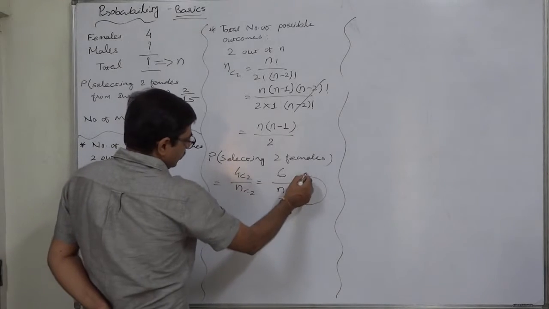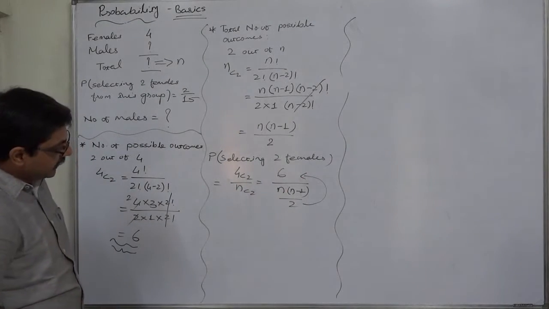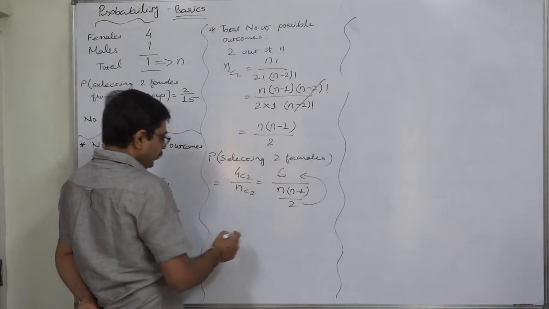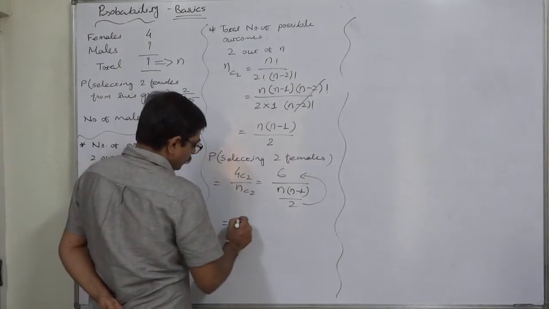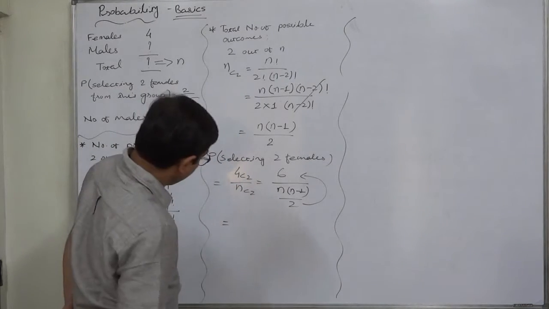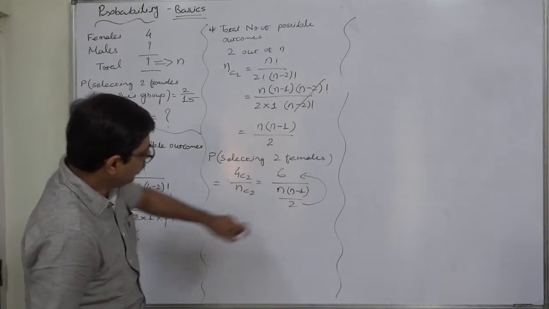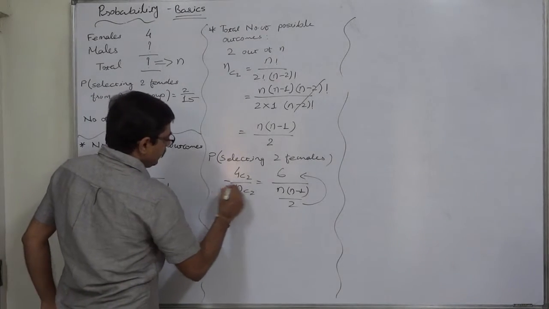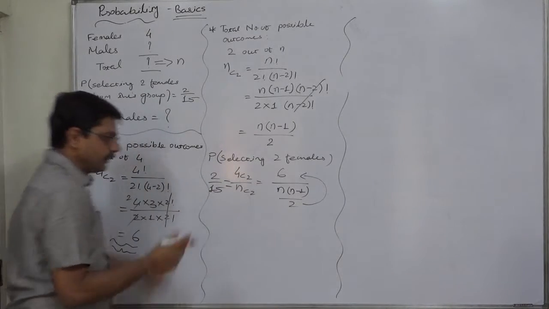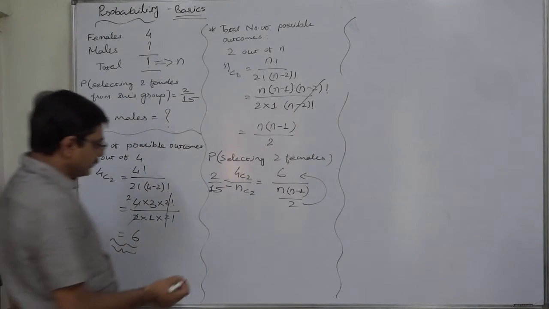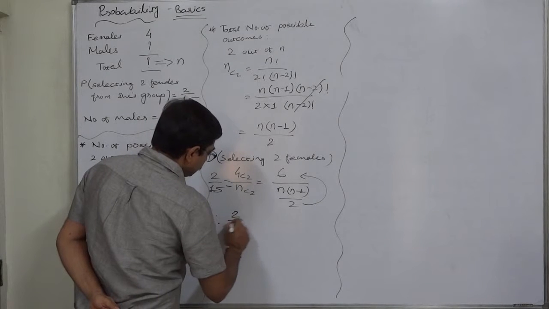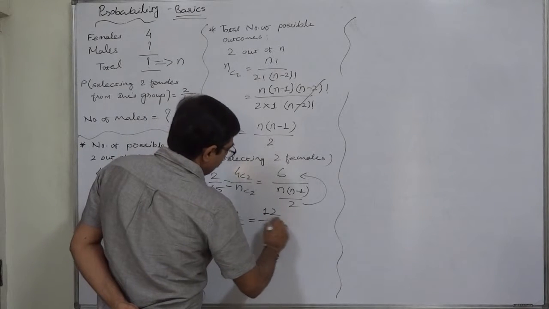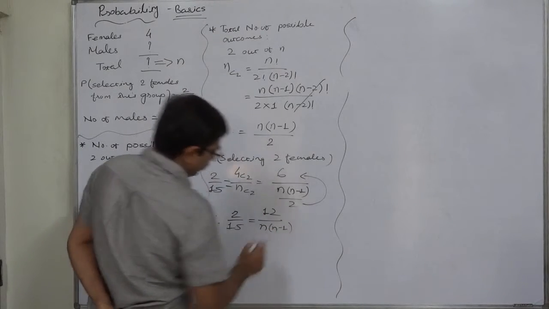The denominator of the denominator becomes a multiple of the numerator, so it comes to 12 upon n into n minus 1. But we already have the probability of selecting 2 females. That means ultimately the equation is 2 by 15 equals 12 by n into n minus 1.